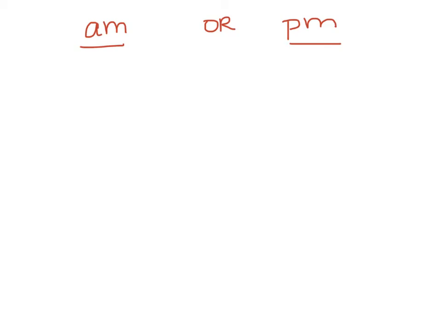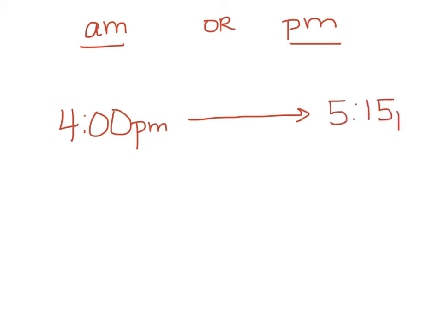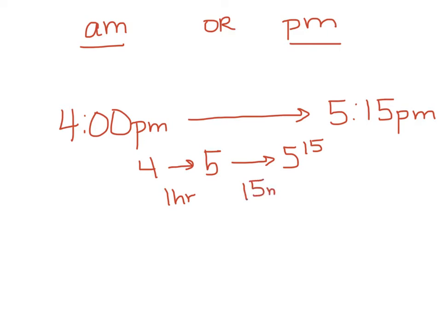For example, if I start my homework at 4 o'clock p.m., you always need to have a label, and I finish my homework at 5:15 p.m., we would know to get from 4 to 5 is 1 hour, and to get from 5 to 5:15 is 15 minutes.